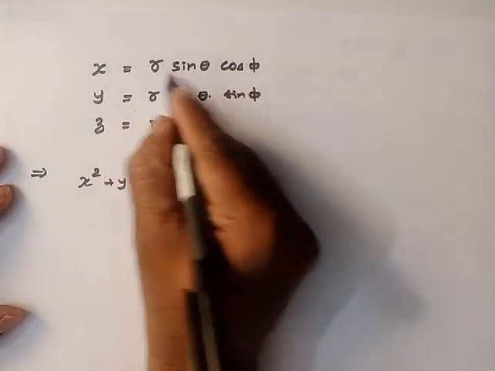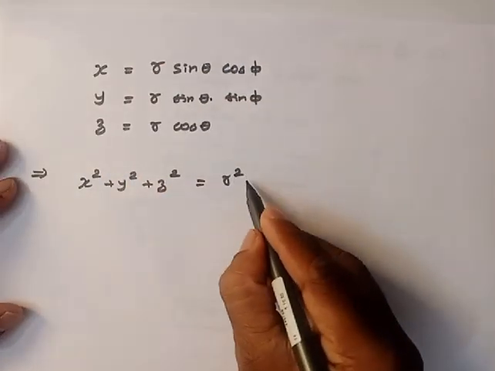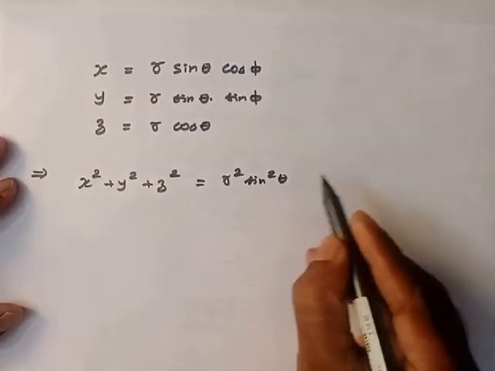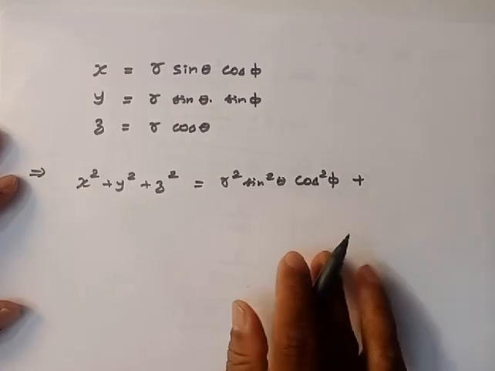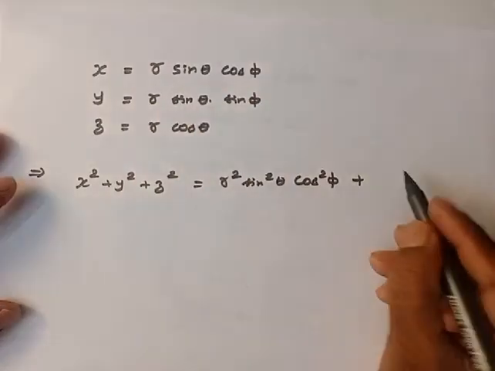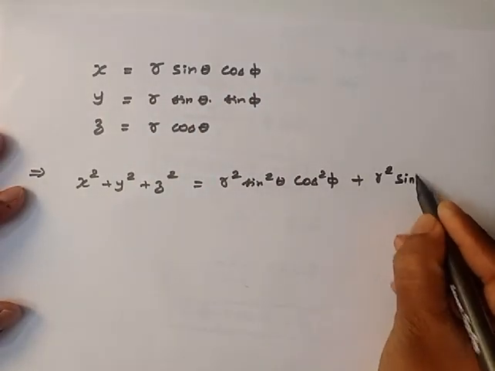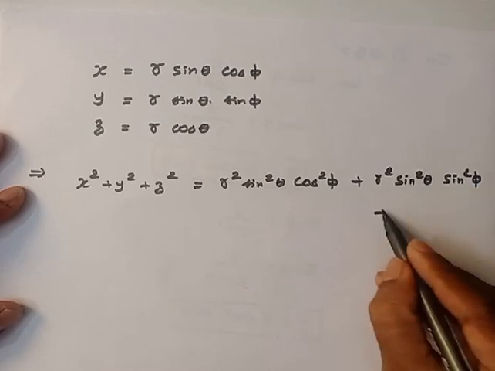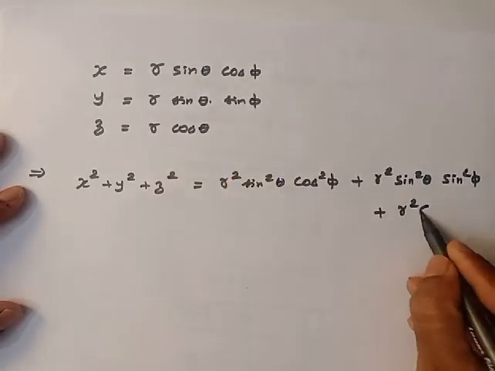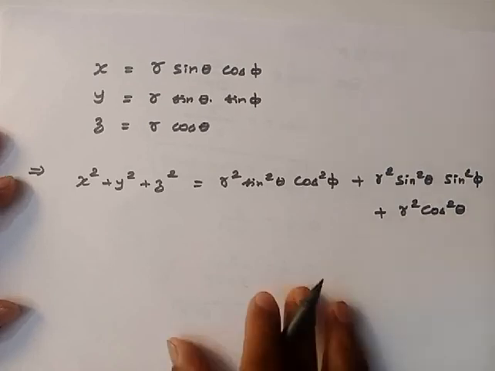If I take the square of the first, I get r square sin square theta cos square phi, plus the second, r square sin square theta sin square phi, plus the last one, r square cos square theta.